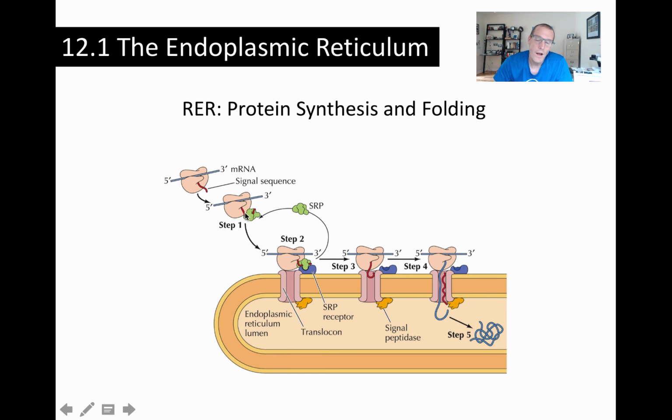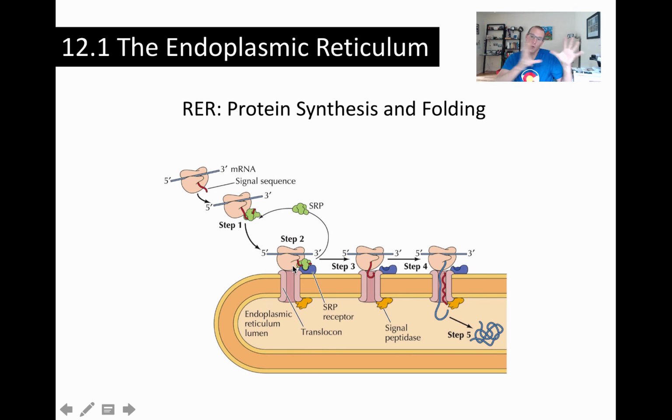Now when the signal recognition particle recognizes this little short chain of amino acids at the start of the polypeptide, the N-terminus of the polypeptide, the SRP binds that, and the ribosome can interact with what's called an SRP receptor on the cytosolic surface of the rough ER, and that docks the ribosome at the ER.